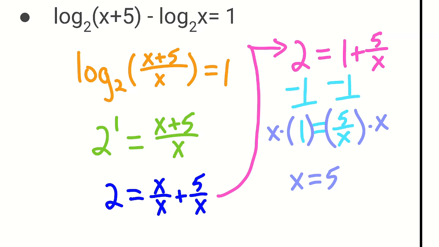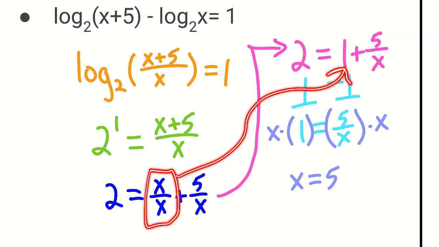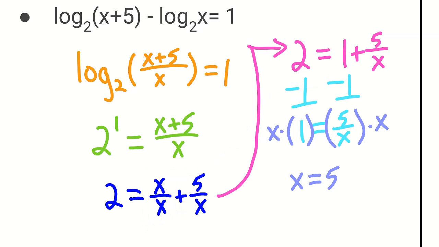Tricky steps. So going from this step to that step, I think, is tricky. Remembering that you can break a fraction apart like that. And you might not have seen that x over x was 1, so you might not have thought to do that. That's tough. Any questions on that one?